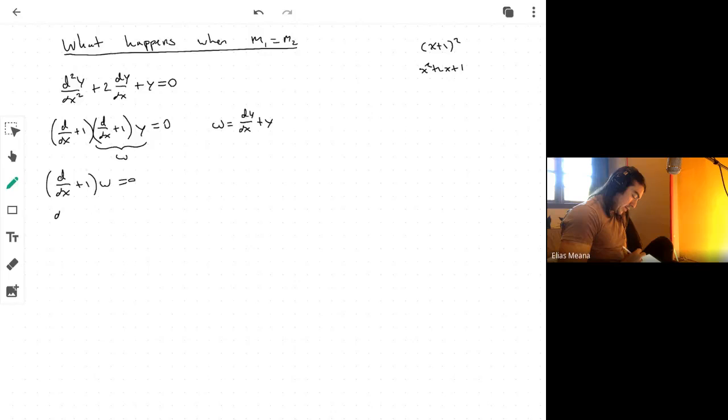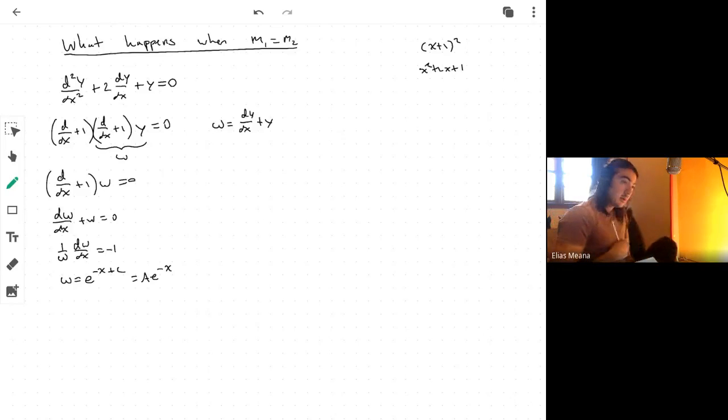This is d omega dx plus omega equals 0. Separable. So let's separate this. This is going to give us 1 over omega d omega dx equals minus 1. Integrating gives us, I'll just jump to the solution here, our omega is going to be e to the minus x plus c. So we can write that as just a e to the minus x.